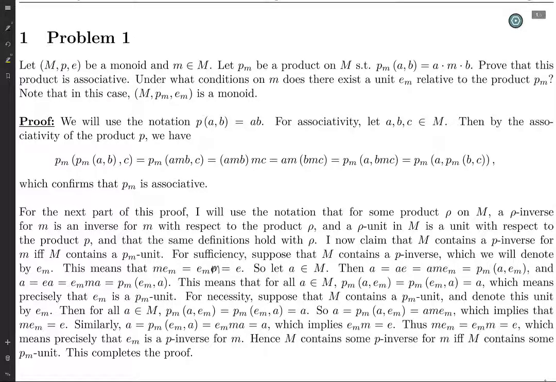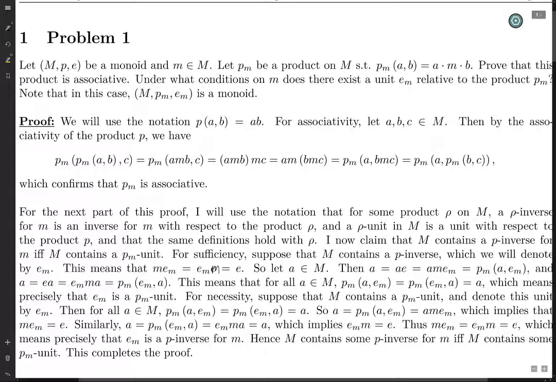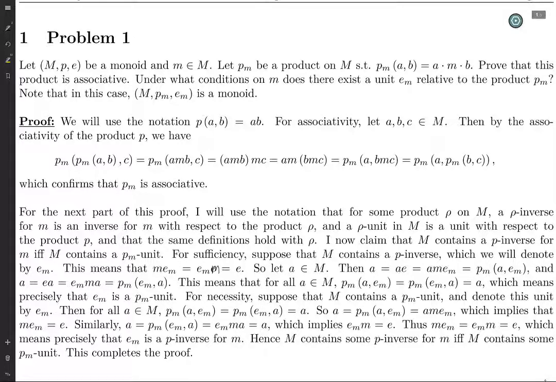And so what does that mean? That means if you expand out what PM AEM means, that's just A M E M, just by definition. And so that implies that MEM equals E.